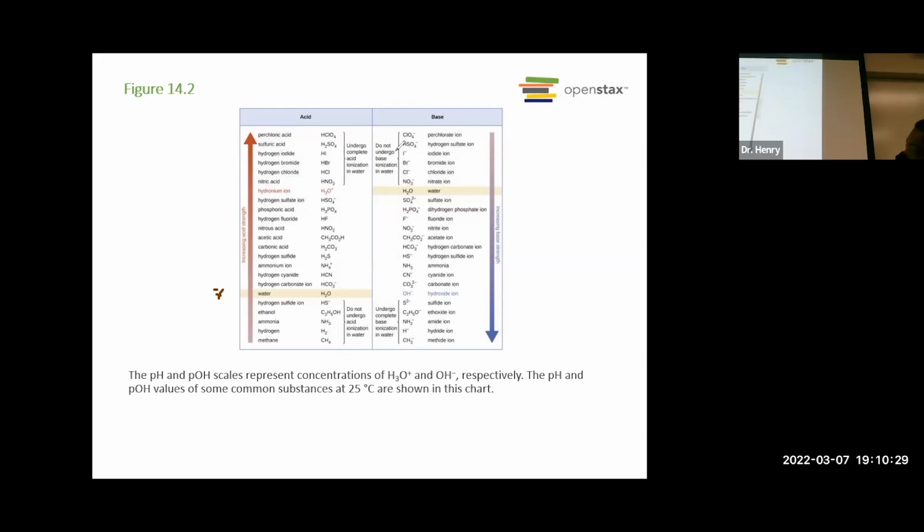And then if you look down here, these guys undergo complete acid ionization. Basically that means the acid totally dissociates, right? That's complete. These guys here and above are considered to be weak acids.